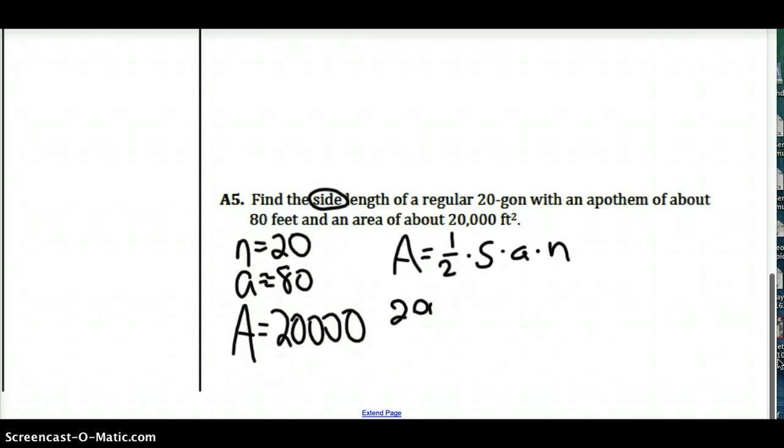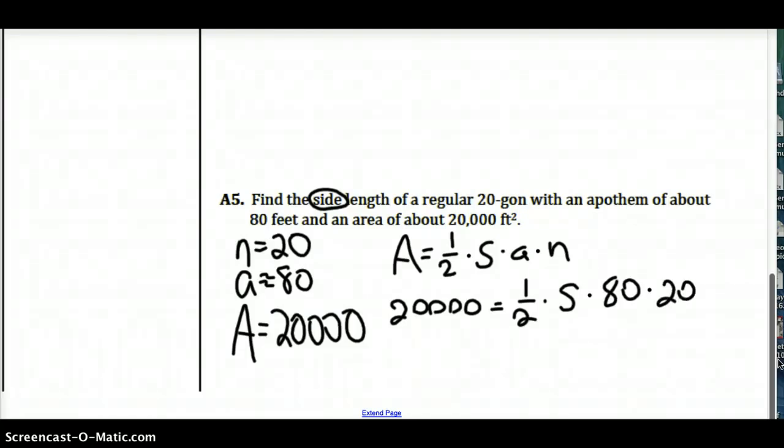I know I have 20,000 equals 1/2. Side length I don't know. Apothem is 80. And number of sides is 20. In this situation, there's only one unknown, which is perfect for us to solve. And at this time, I like to do some combining here. Half of 20 is 10. 10 times 80.